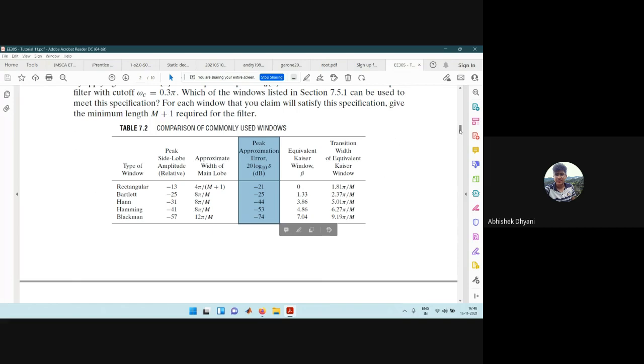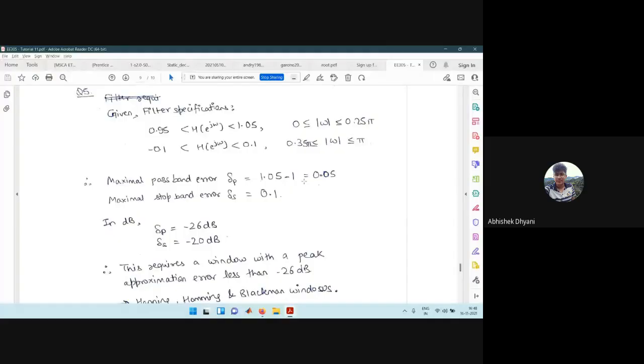So now that I have delta P and delta S, let me calculate these values in decibels so that we can compare. In decibels, I just take 20 log of 0.05 and 20 log of 0.1 to get these two values. Now, let's look at which one satisfies these two values.